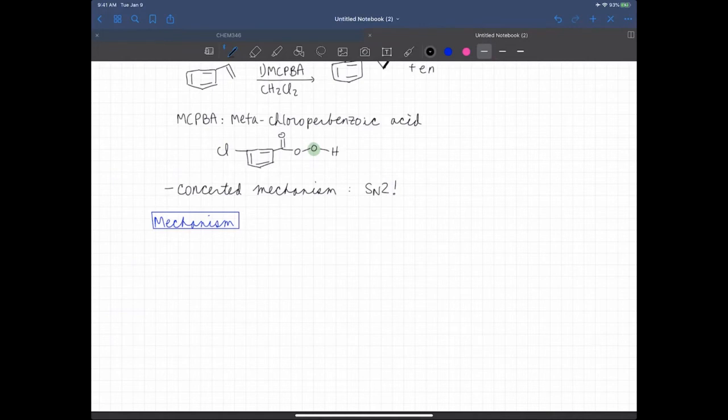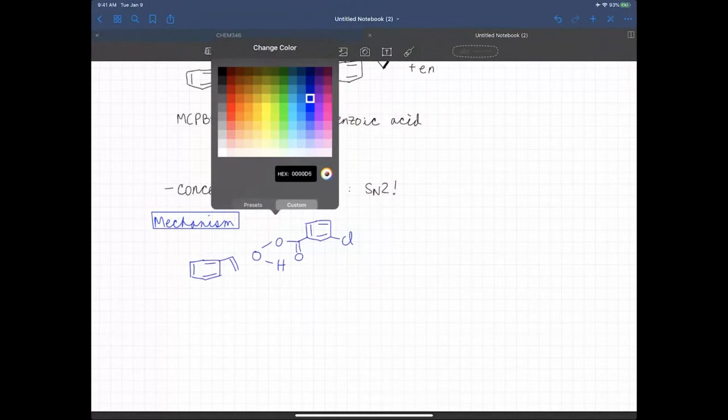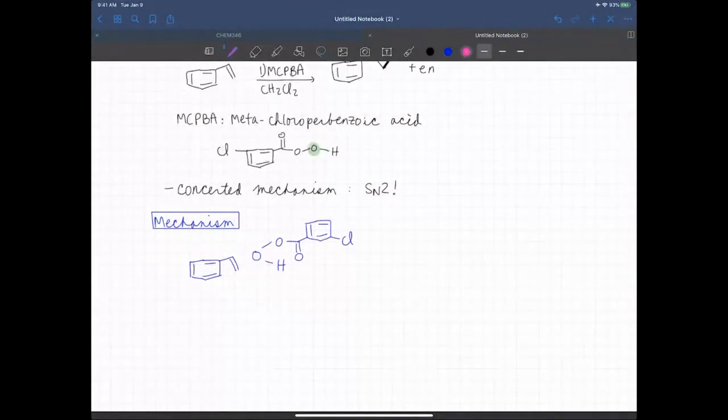Okay, so I hope you guys can remember the mechanism from when we taught you alkene additions, right? This is how you would do it. All right.